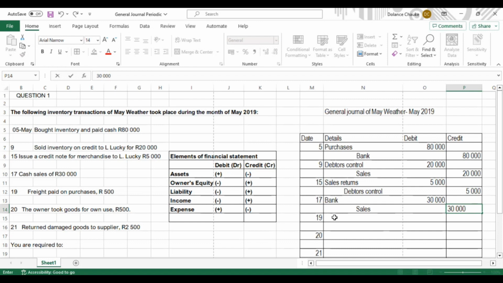Freight charges or freight fees are expenses. Whenever expenses are increasing, we debit. We're going to have an increase in expense, freight fees or freight charges.